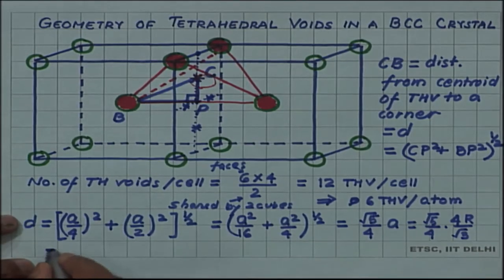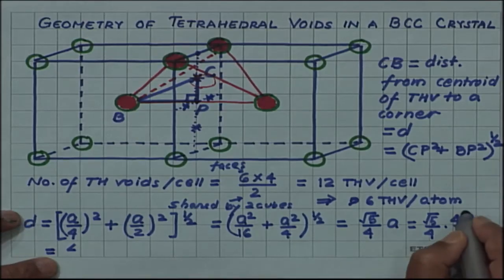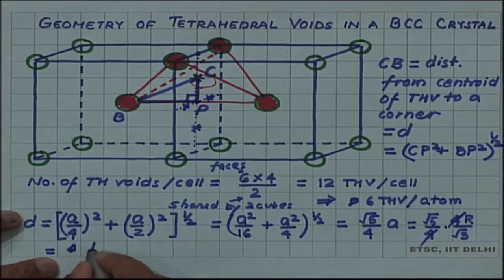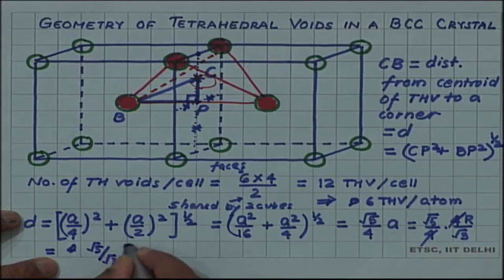So, you get D is equal to root 5 by root 3 R.